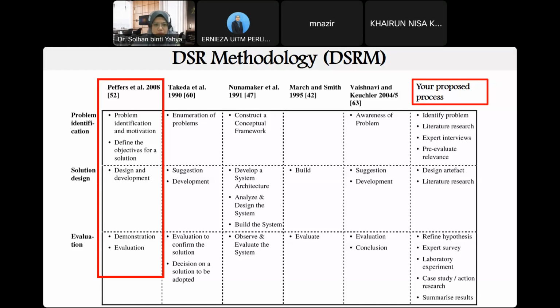My students will use the Peffers 2008 framework when you build the thesis using design science research, where the framework starts with problem identification, solution design, evaluation, and we have several phases in the framework, and then the chapters can be organized according to the process model by Peffers.